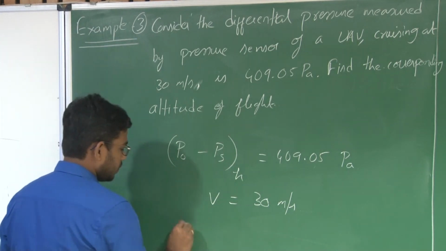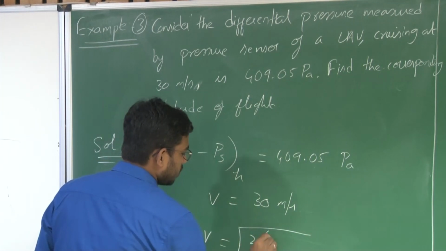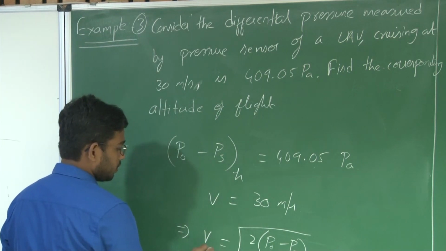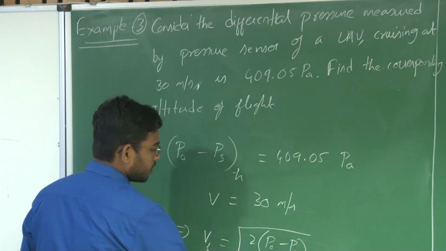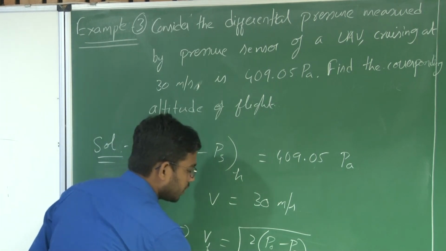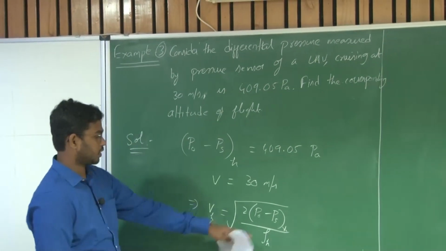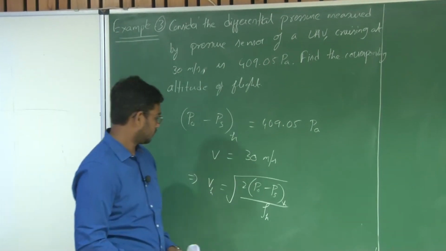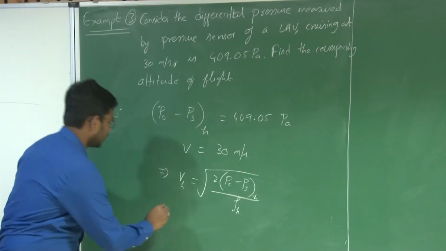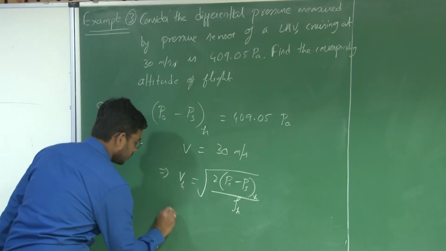So we know the velocity is root over twice the differential pressure divided by density at that particular altitude h, the whole thing under root. Since we know velocity and the differential pressure, we can find the density at that particular altitude.